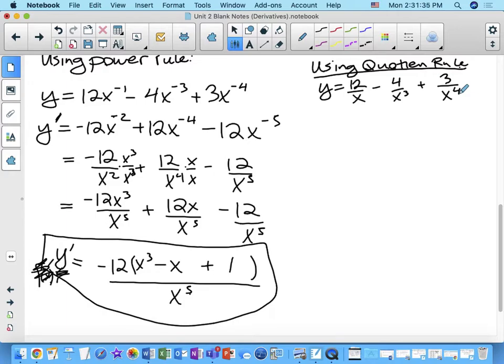So I've got to multiply this one by x cubed over x cubed. Have you done this enough that we can do this all in one step? Yeah, okay, sweet. So if this is all over x to the 4, this is going to be 12x cubed minus 4x plus 3.